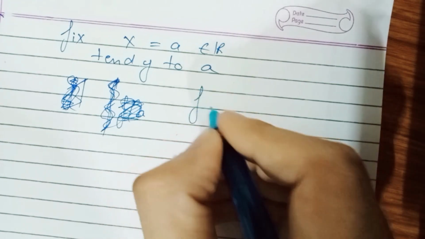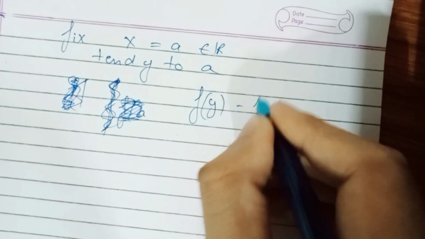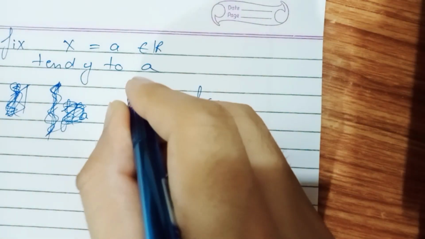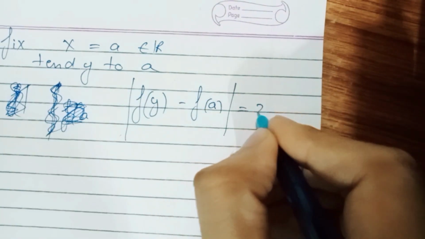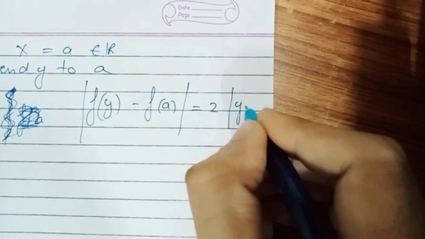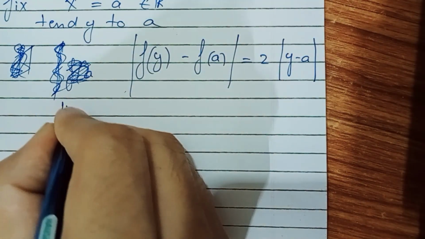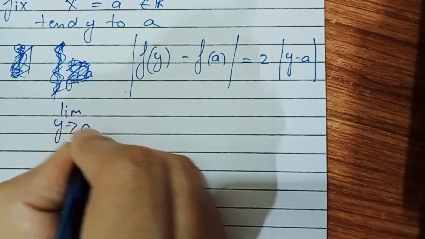So I would have f(y) minus f(a) from the equation we had, 2|y minus a|, and now I'll take the limit as y tends to a.